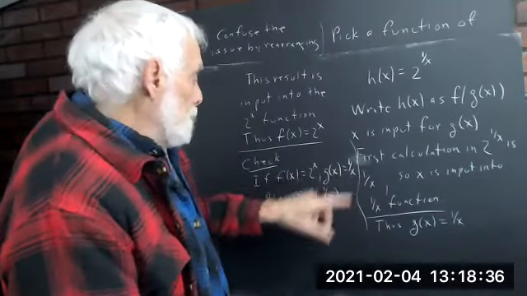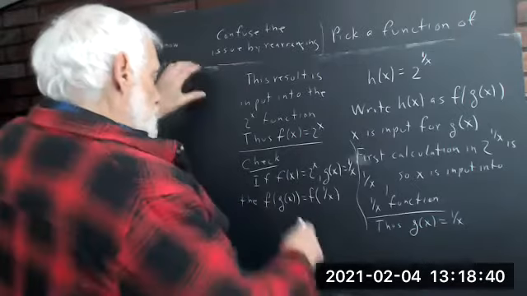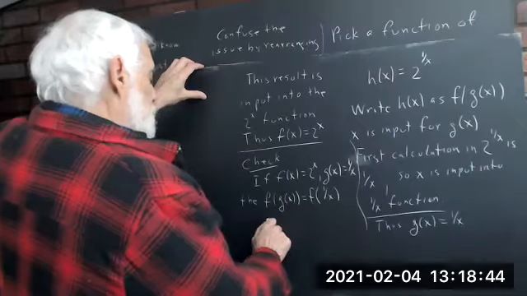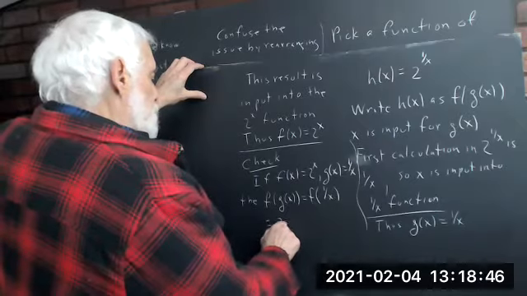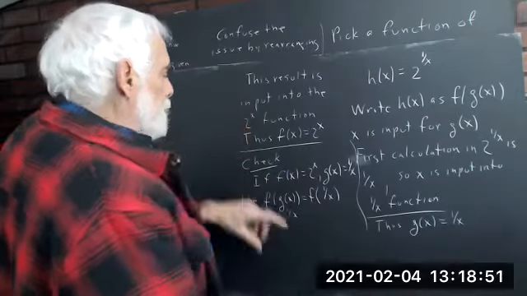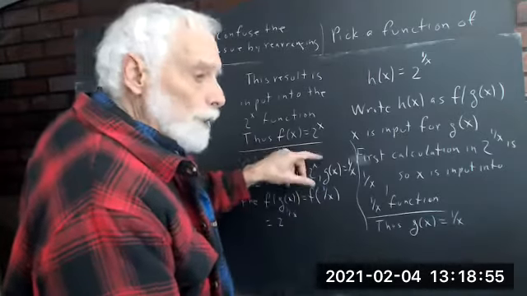Since g of x is 1 over x, f of g of x has to be f of 1 over x, which is 2 to the 1 over x. If f of x is 2 to the x, f of 1 over x is 2 to the 1 over x.